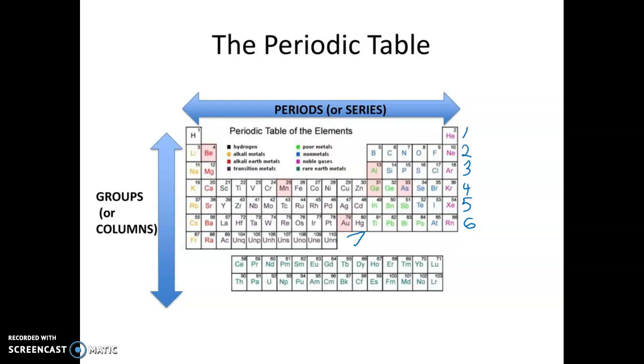While groups will be the actual vertical columns going up and down. So for vertical groups, starting with hydrogen here, 1, all the way over to 18. So I'm going to have 18 possible groups. So again, periods are going to be the horizontal rows, and groups are going to be the vertical columns.